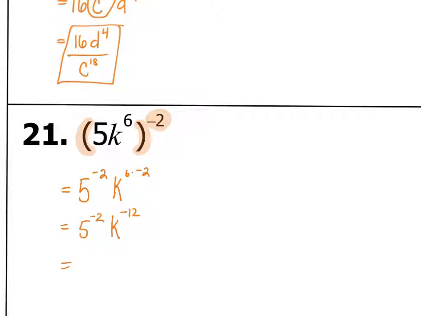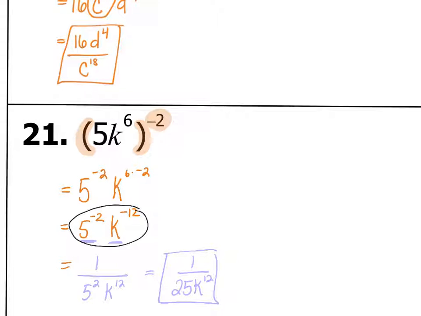Both the 5 and the k have negative exponents, so they're both going to move down to make 5 squared, 1 over 5 squared k to the 12, which I could easily write as 1 over 25 k to the 12. Notice how we moved both of them down because both had negative exponents. So I had to put a 1 in the place of the numerator, and I just simply wrote 5 squared as 25.